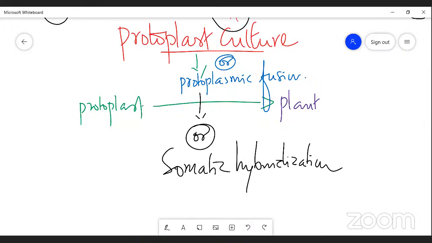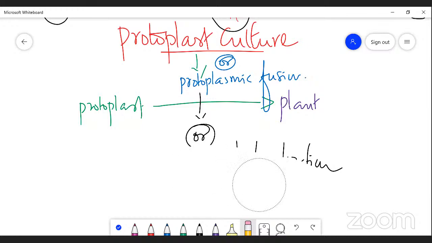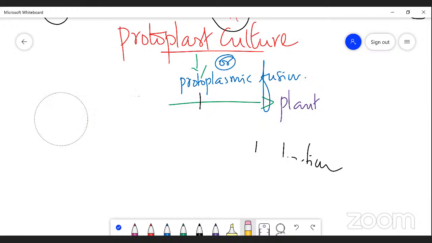Protoplast culture consists of some steps. Some steps are involved in protoplasmic fusion, protoplast culture or somatic hybridization. Let me find out one by one.